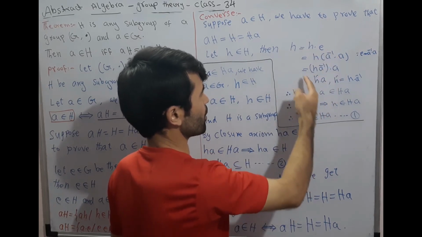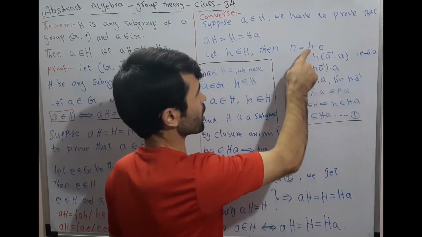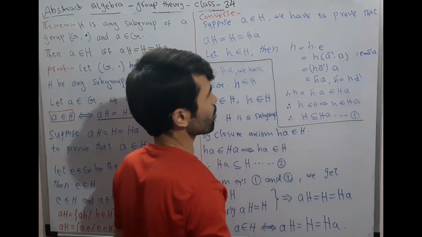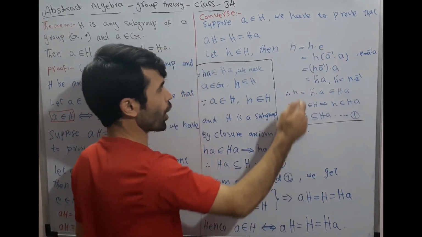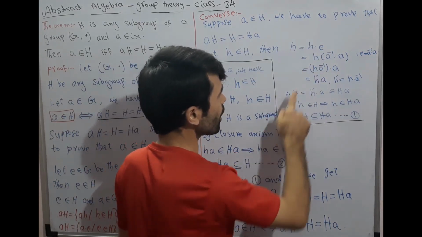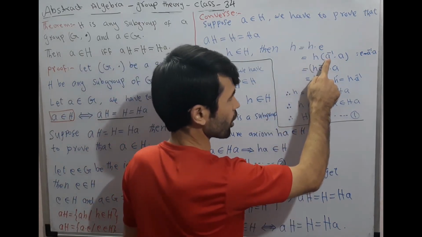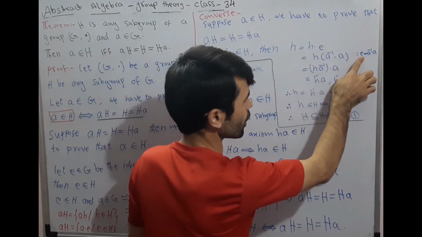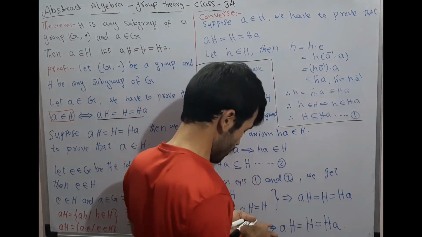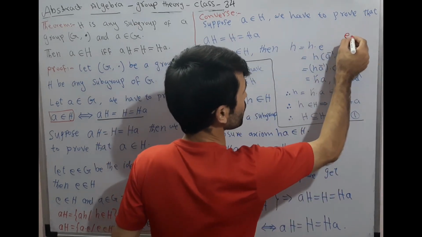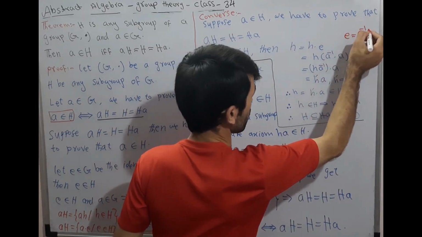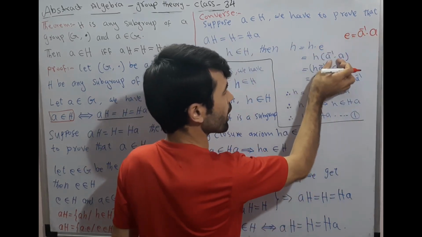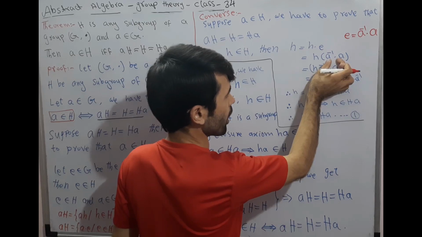e is the identity element. Every element can be written as that element multiplied by the identity element. According to the definition of the identity element, e = a inverse times a. Therefore, instead of e, we put a inverse a.